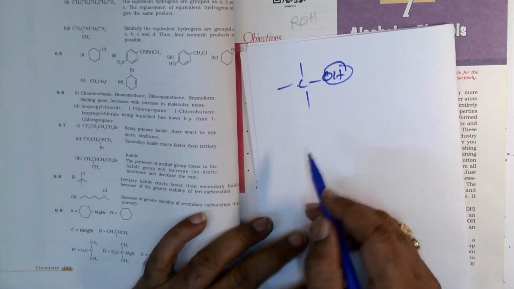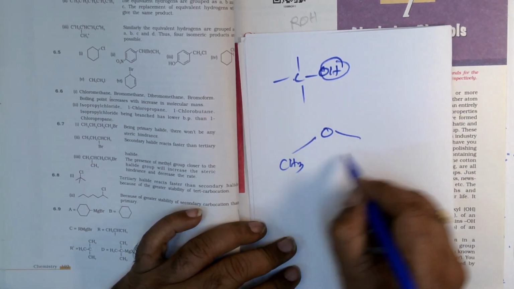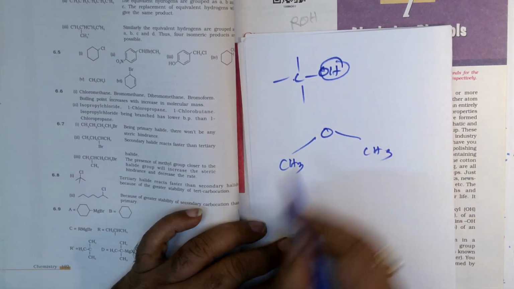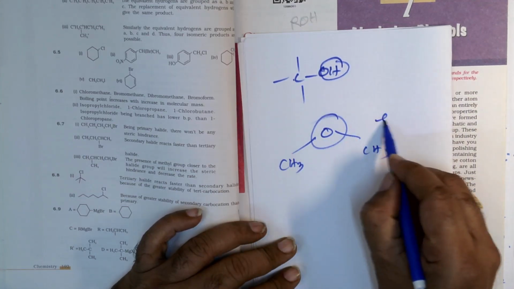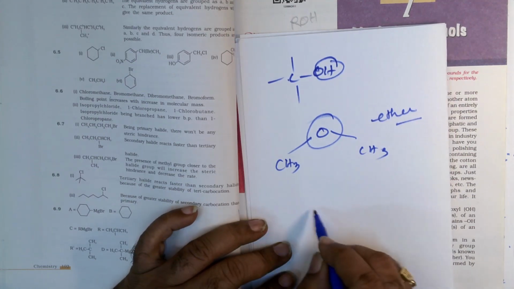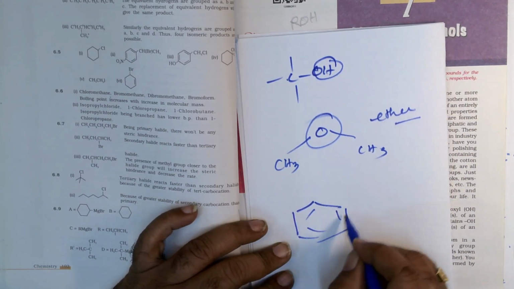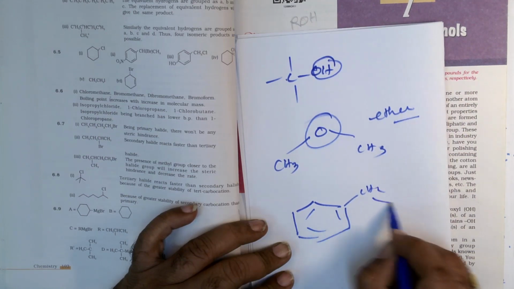And ether means this is an oxy linkage. So this is called ether, for example, dimethyl ether. This is called an oxy linkage in the case of ether. Now, for example, let me take an aromatic alcohol. This is CH2OH.